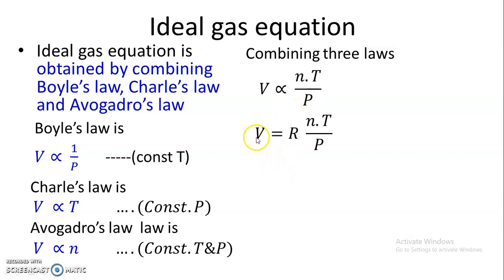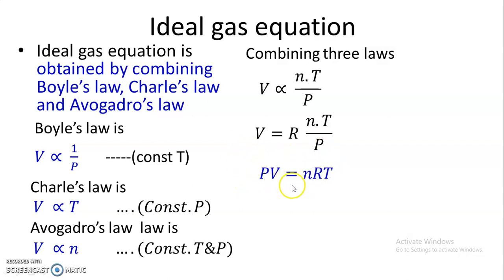And therefore V is equal to some proportionality constant, that is R, the universal gas constant, into n into T upon P, where V is volume, R is the universal gas constant, n is the number of moles, T is absolute temperature and P is pressure.